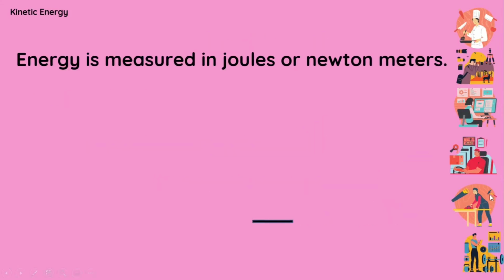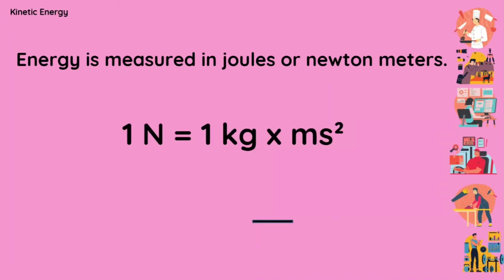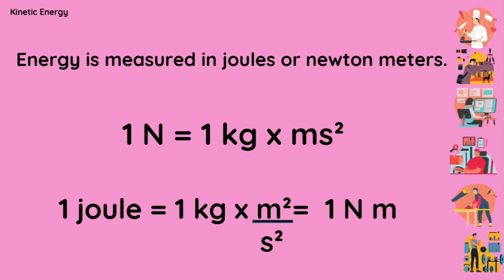Energy is measured in joules or Newton meters. 1 Newton is equal to 1 kilogram meter per second squared. 1 joule is equal to 1 kilogram times meter squared divided by second squared, which is equal to 1 Newton meter.